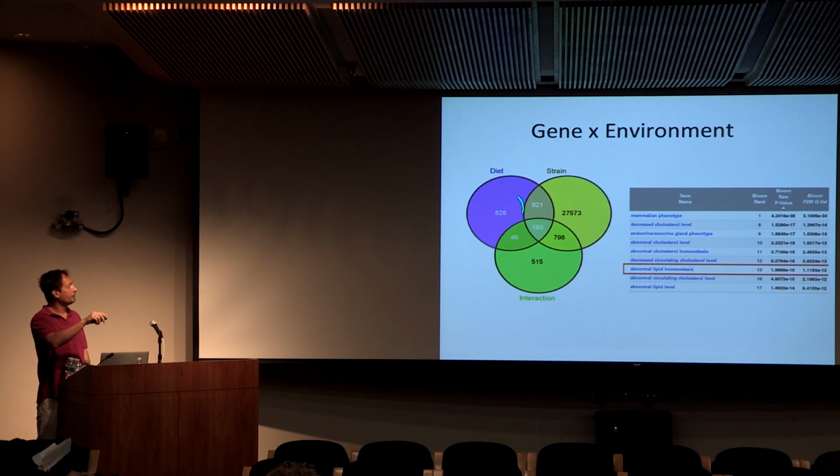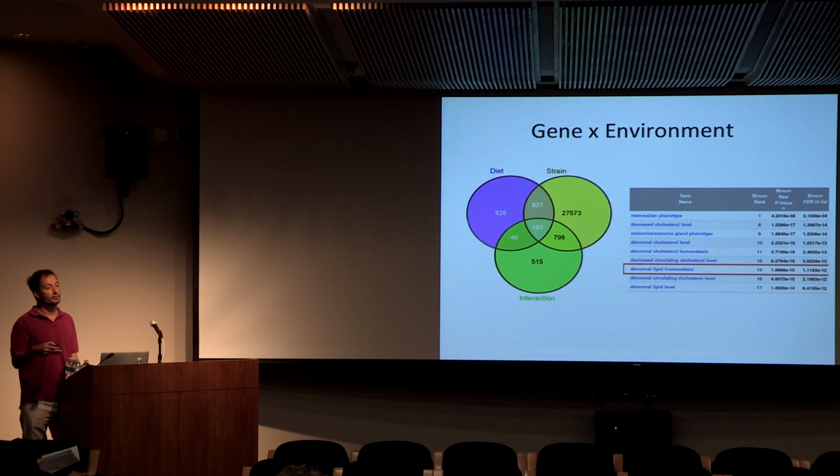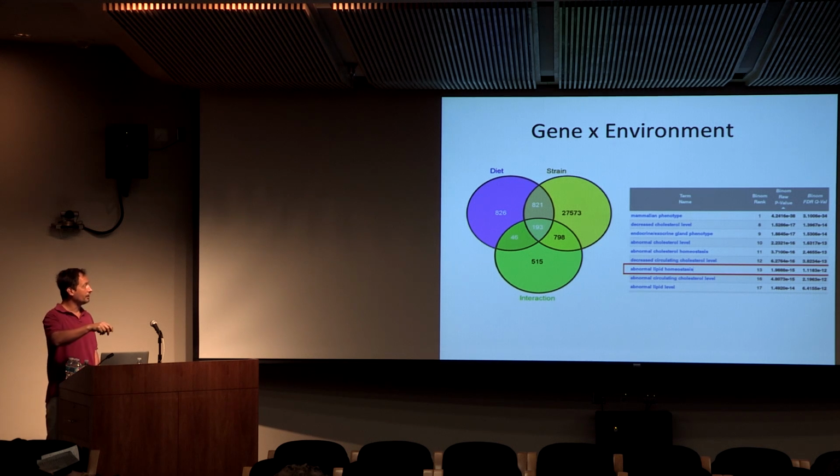But interestingly, if we take these diet effects, where we're taking the genetics out of the equation and just asking what is the effect of the diet on the DNA methylation, we find that it has a very strong enrichment for sites that are near genes associated with lipid homeostasis.